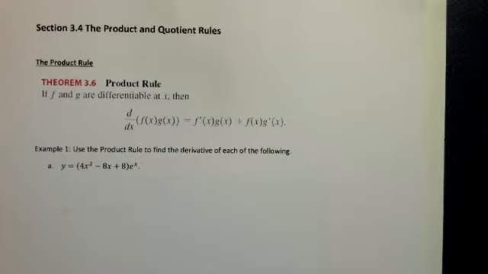Okay, so first of all, we'll talk about the product rule. And I want to mention something about, let's say, if we wanted to take the derivative of two different functions. I want to indicate that the use of the product rule is not the same as the sum and the difference rule.